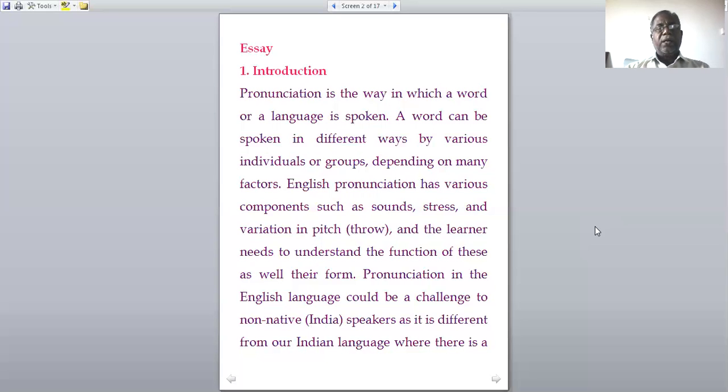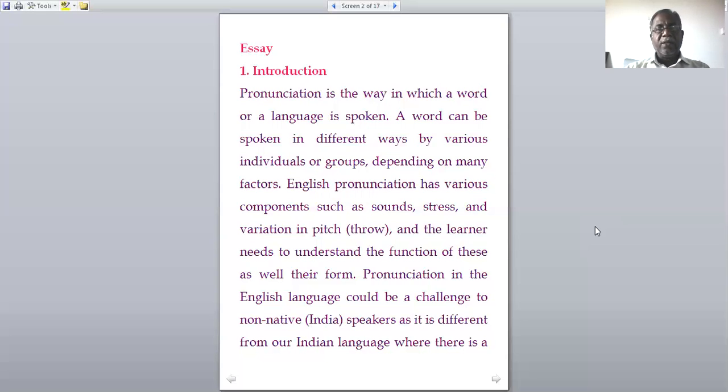So first one, definition. Pronunciation is the way in which a word or a language is spoken. A word can be spoken in different ways by various individuals or groups depending on many factors. In Tamil also, we say Chennai Tamil, Madurai Tamil, Tirunelveli Tamil, and so on. It varies.